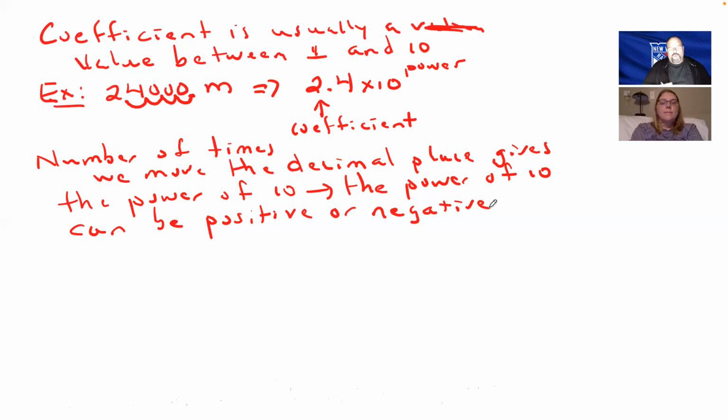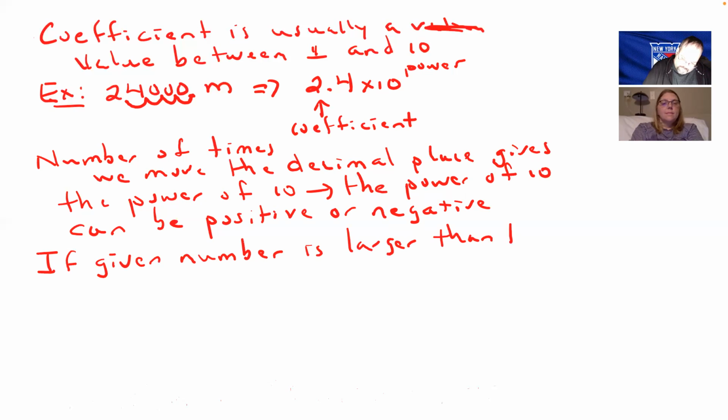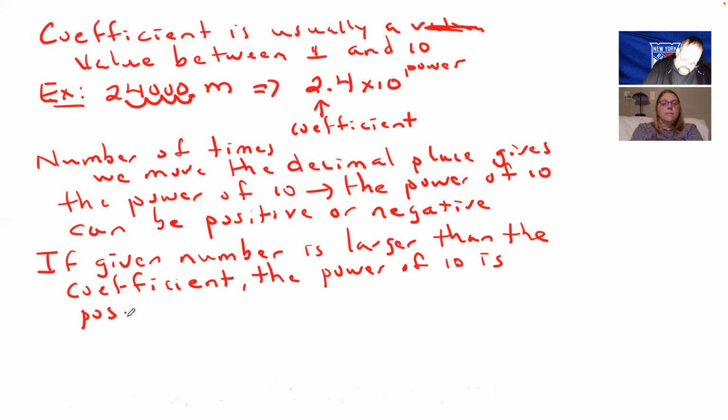And the trick to know which one it is, if it's positive or negative, essentially is the following. If the given number is larger than the coefficient, the power of 10 is positive.